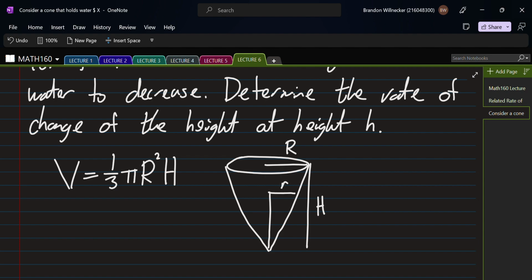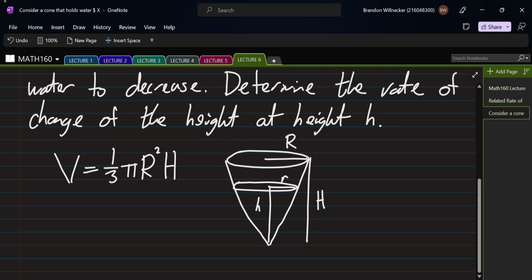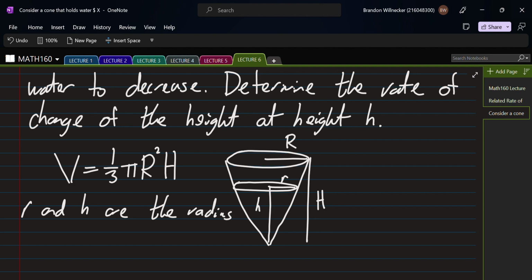We can say little r and little h are the radius and the height at some time t. So capital H and capital R are when it's full. Little h, little r are when it's partially full. So here, let's put the water line there. So r and h, lowercase, are the radius and height at some time t.